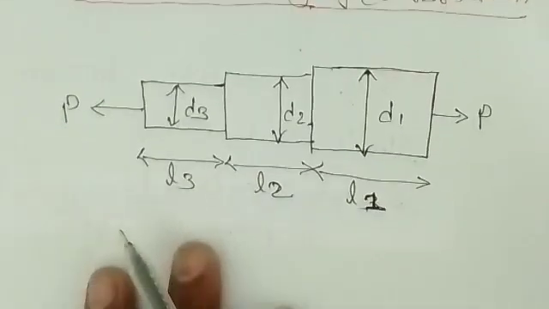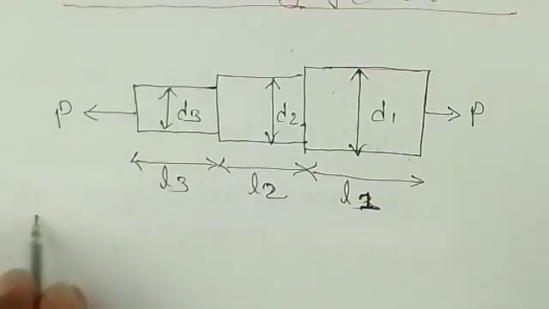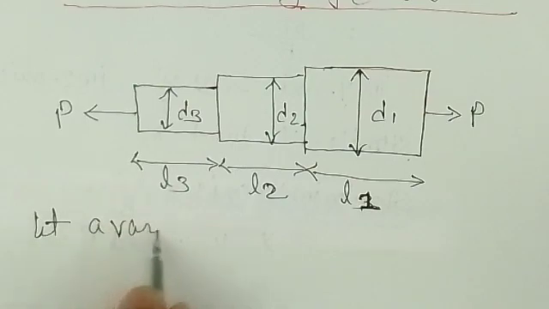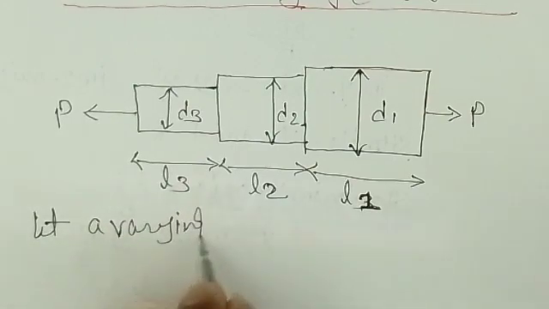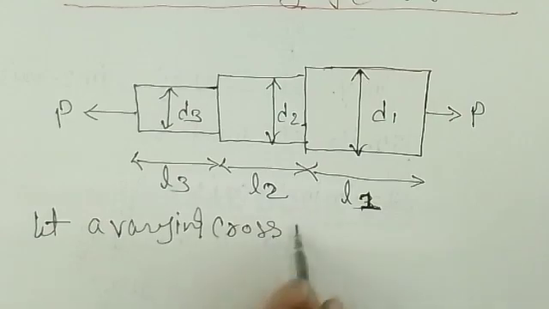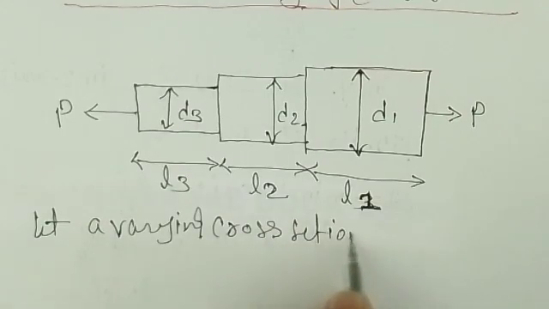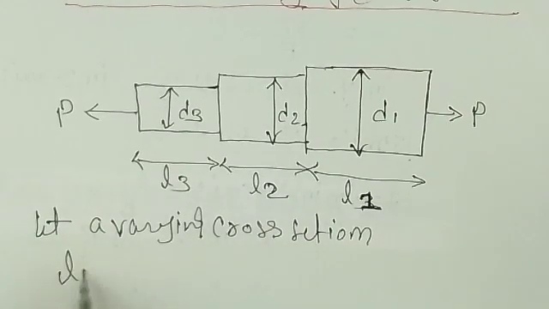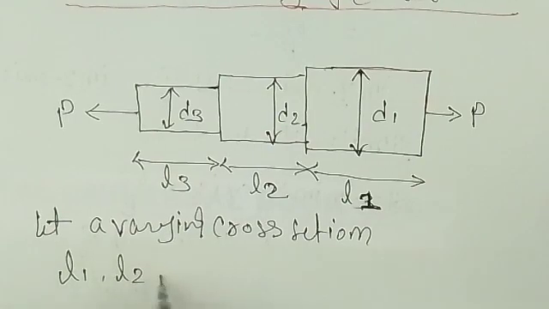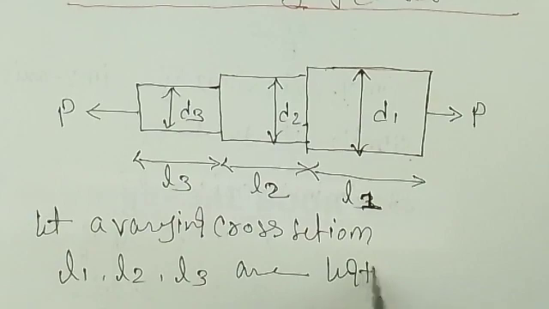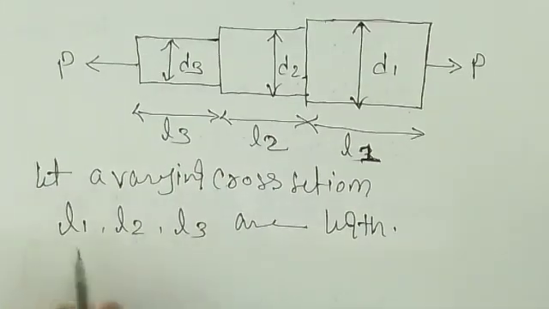So here you can write some point that let a varying cross section, okay, L1, L2, L3 are the lengths, right?